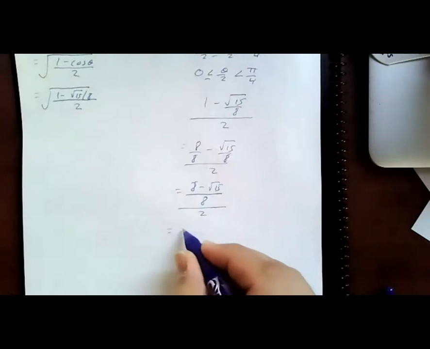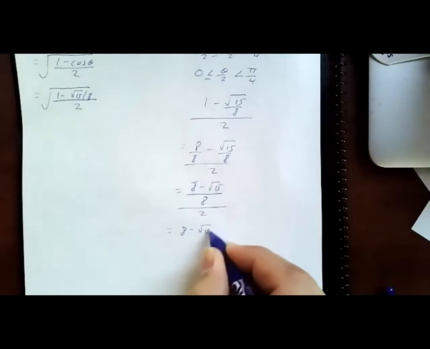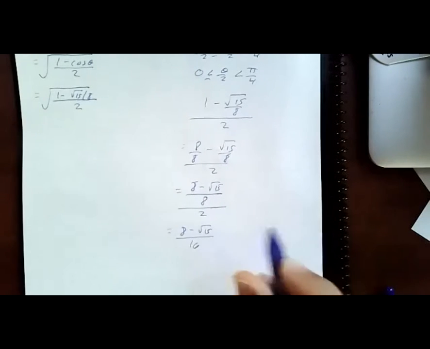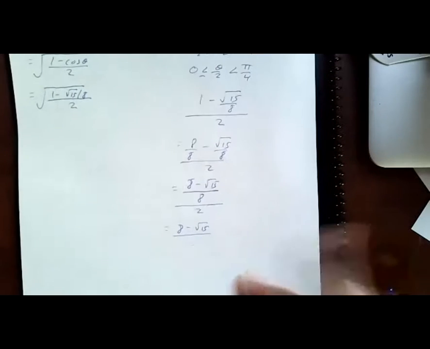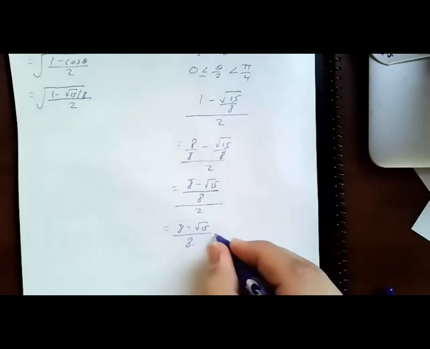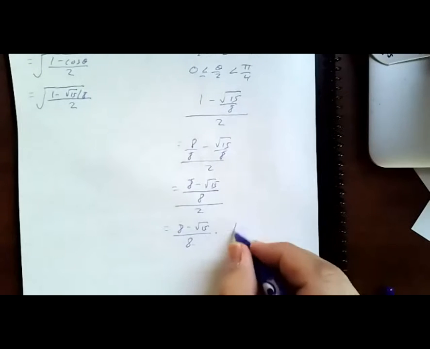That gives us 8 minus root 15 over 16, right? Because you would flip the fraction when you divide. It'd be times 1 over 2.